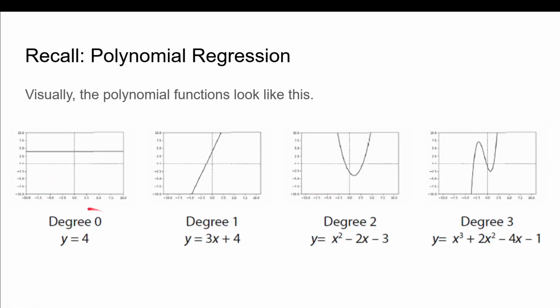You can see degree 0 gives a straight line, degree 1 is a straight line as well, degree 2 forms a graph like this, and this is the degree 3 polynomial. The training process is basically the same, trying to find the coefficient of x squared, the coefficient of x, and the bias.